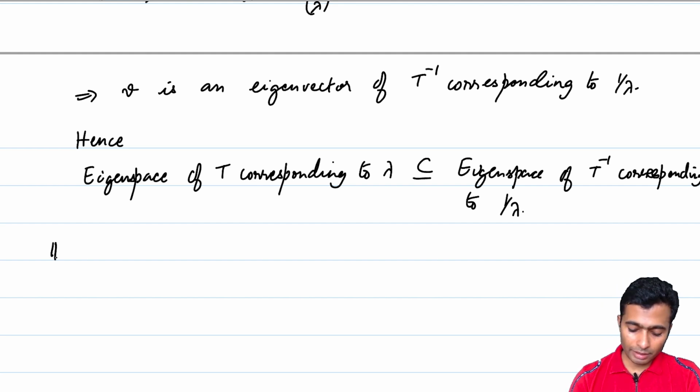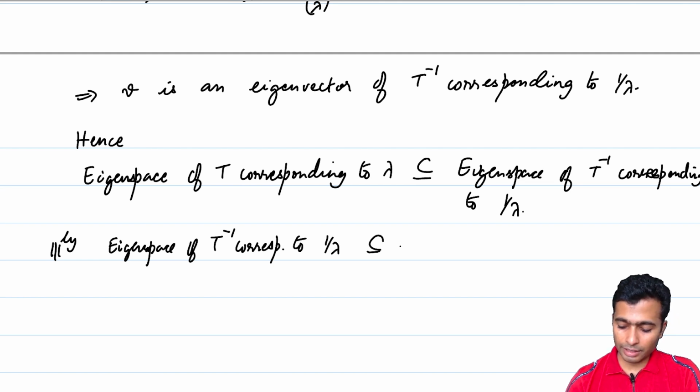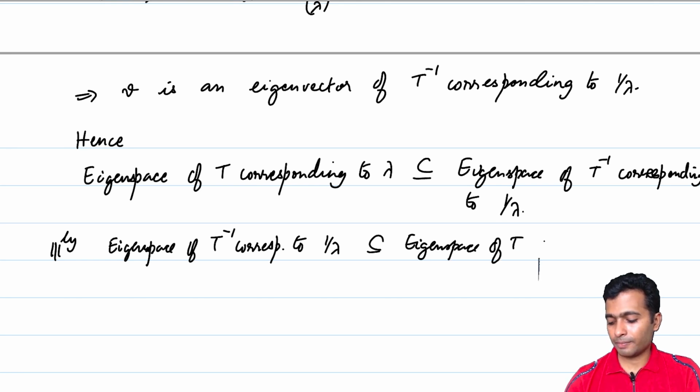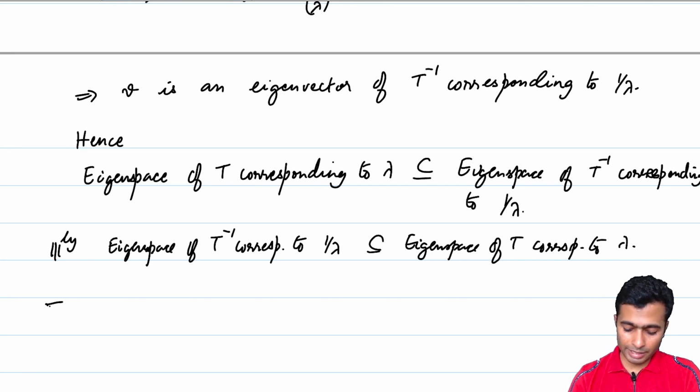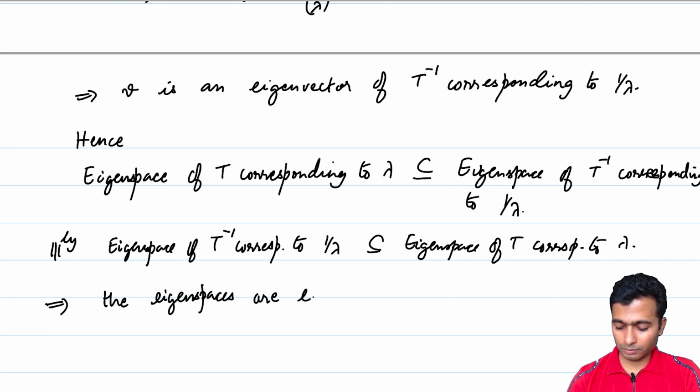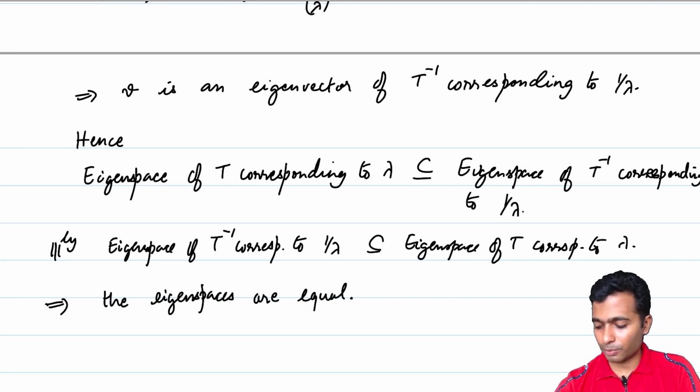Similarly, the eigenspace of T inverse corresponding to 1 by lambda is contained in the eigenspace of T corresponding to lambda, which implies that they are equal. The eigenspaces are equal. That's what we had set out to prove.